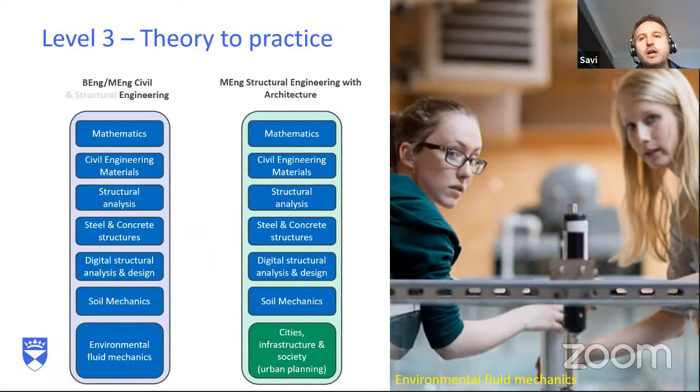So that's the two kinds of routes that you see. What you get more in civil engineering with structural engineering is a better understanding of fluid and structure interaction, while in the other program, there is all the structure understanding, but it is really focused on buildings, and there is a lot more about design and design choice.